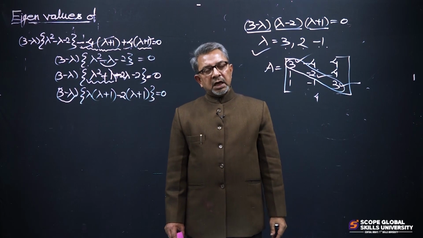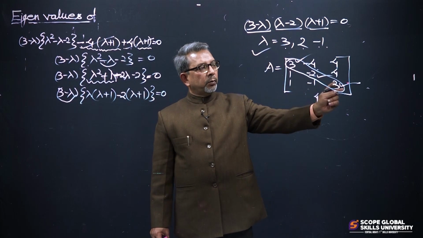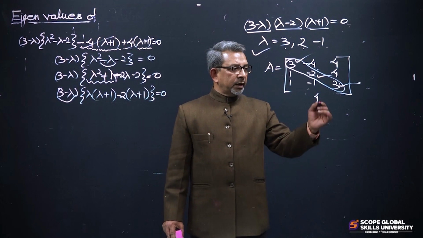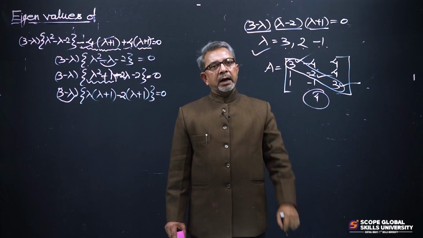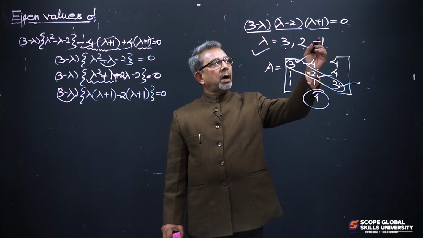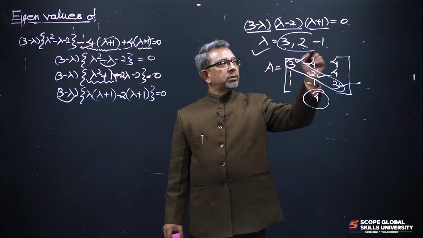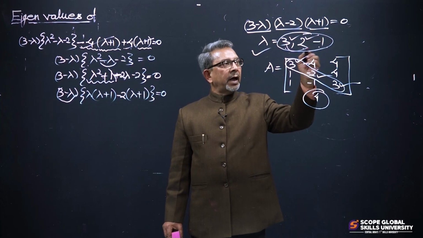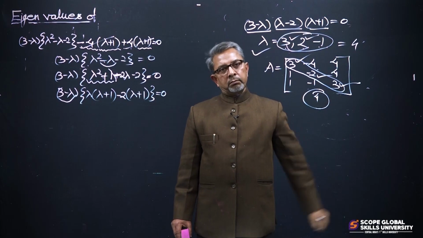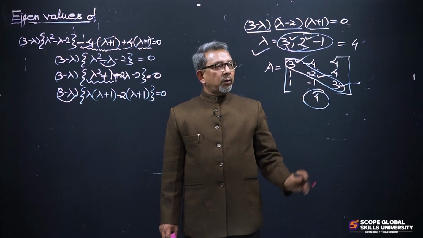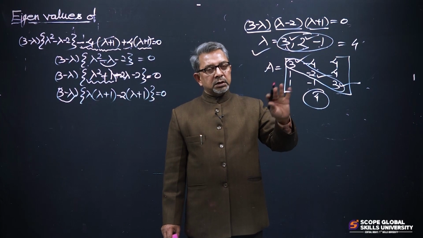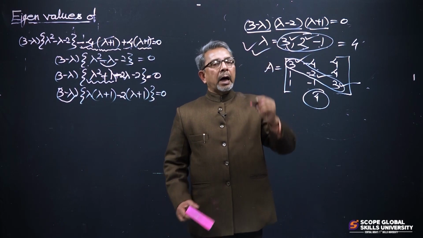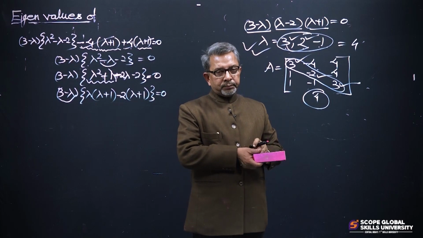This is the sum of elements on the leading diagonal of the given matrix, and secondly, the sum of all eigenvalues: 3 plus 2 is 5 and 5 minus 1 is 4. That means our answer is correct. This is the checking procedure whether our required eigenvalues are correct or not.